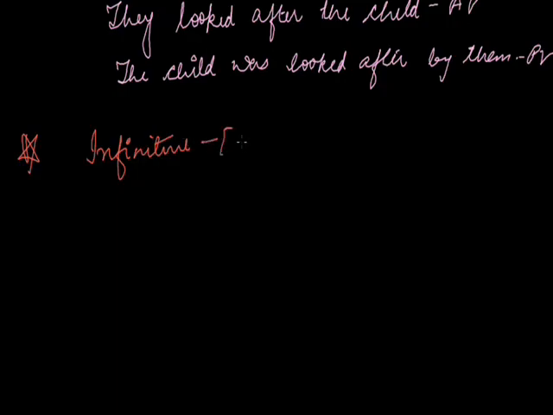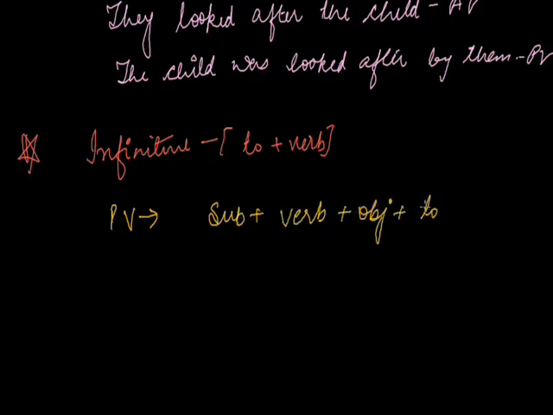Infinitive. In that you have to plus your verb. To remember it, you have a way to convert it into its passive voice, and it is subject plus verb plus object plus to be plus V3.